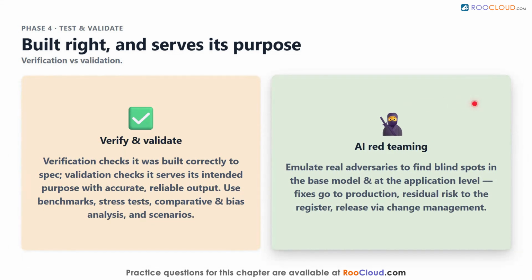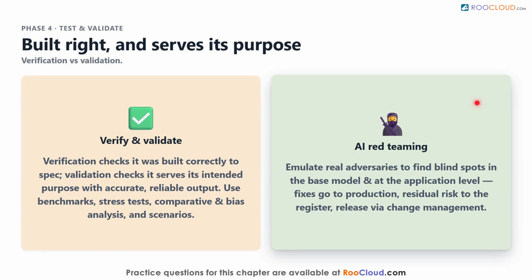A standout practice here is AI red teaming, where you emulate real adversaries to find blind spots and weaknesses, both in the base model and at the application level. Whatever the testing reveals should drive fixes before production, with any remaining risk documented in the risk register and the solution authorized for release through change management.